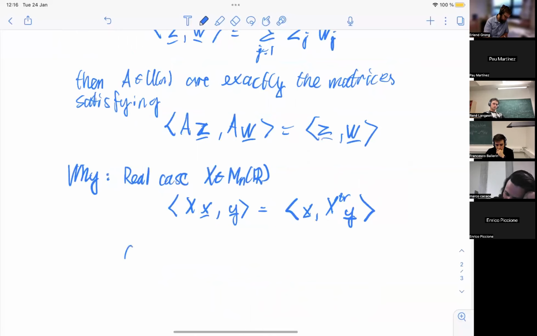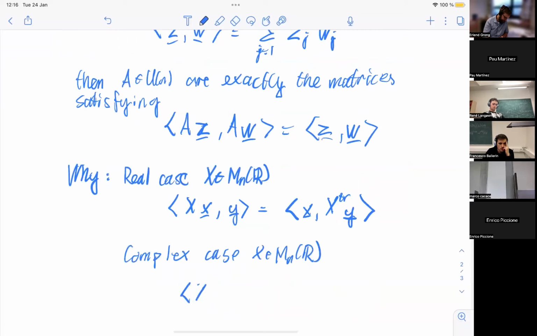And in the complex case, if you want to move this over, it will be exactly this conjugate transpose here.